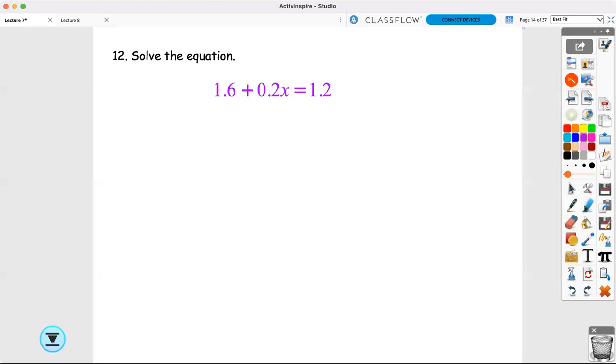All right, let's go ahead and solve, guys. So now this is going to have multiple steps. So draw the line down the equal sign.